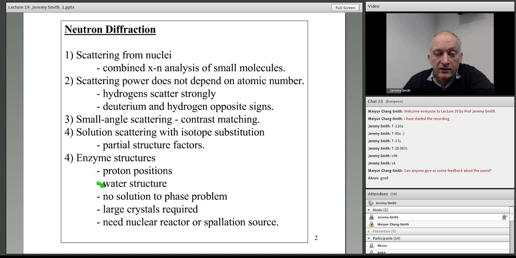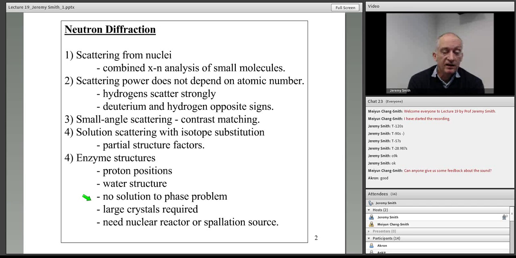So we also have the fact that water structure, in particular hydrogen atoms, can be located with neutrons. You can't see them so easily with X-rays because X-rays scatter from electrons and hydrogen has only one electron, far fewer than other elements. However, with neutrons, the big problem with neutron crystallography is that we have no solution to the phase problem in the absence of an X-ray structure.